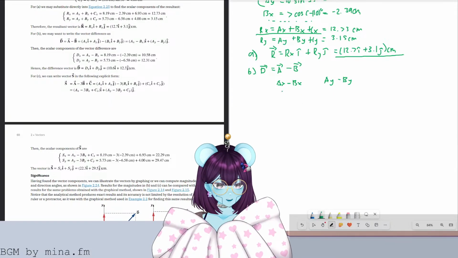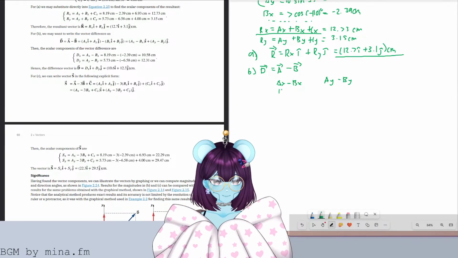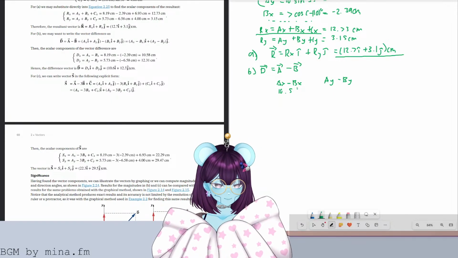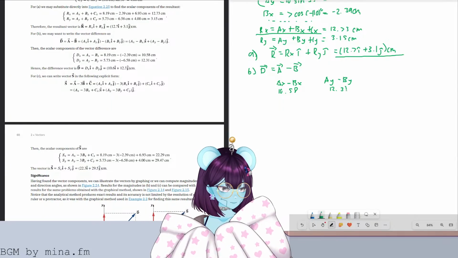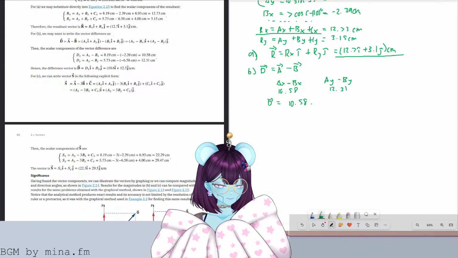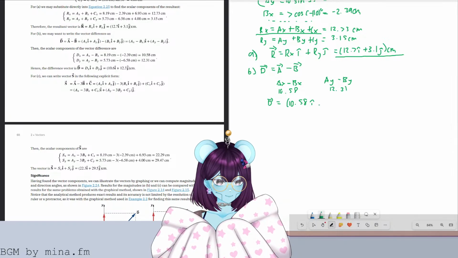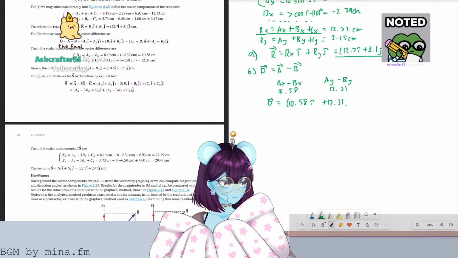You find that value, which they said was 10.58. And this one was 12.31. You get that in centimeters, and then we simply have 10.58 I hat, and 12.31 J hat.